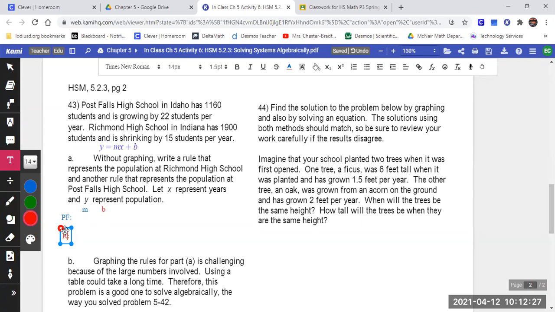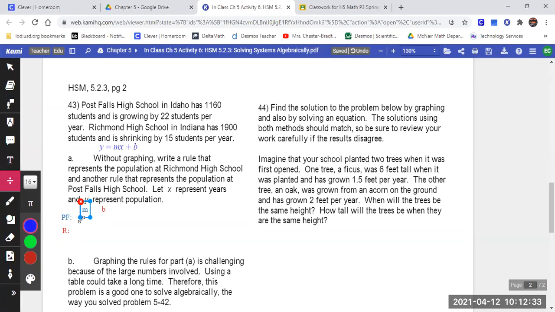According to the information that we just read, for Post Falls, the M is going to be what? What's it growing by? What am I going to put here for its M? Because remember, M is growing. So what are we going to put for growing for Post Falls? Up in the story, what did it say?